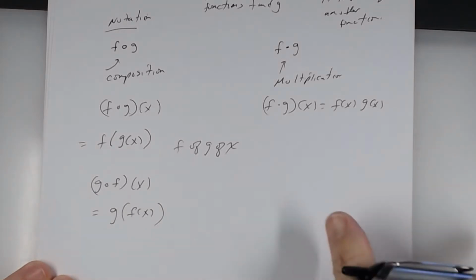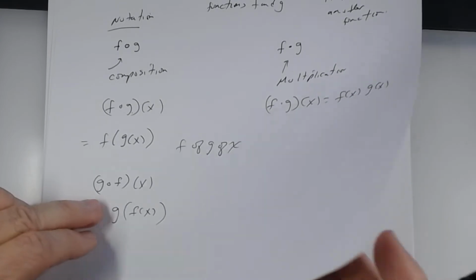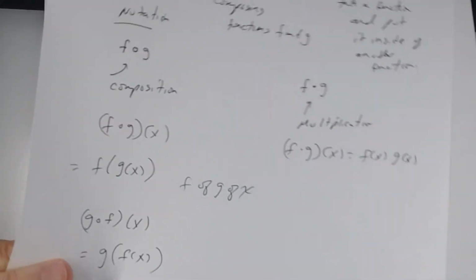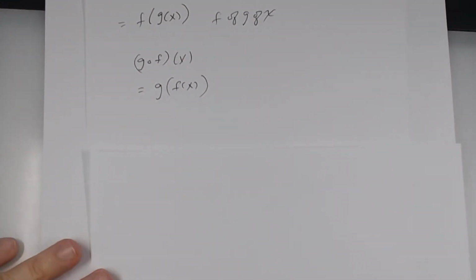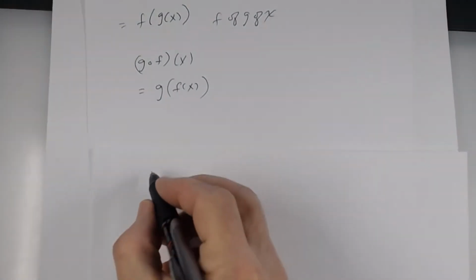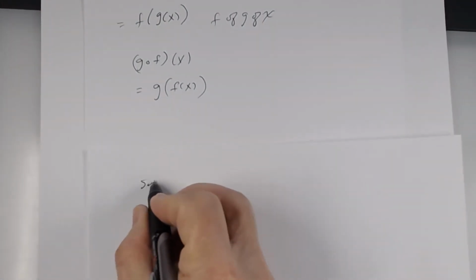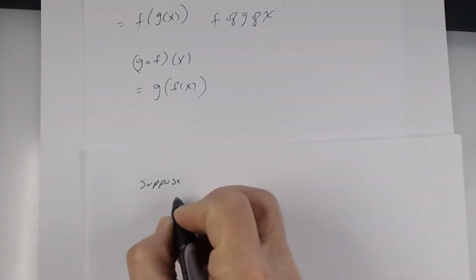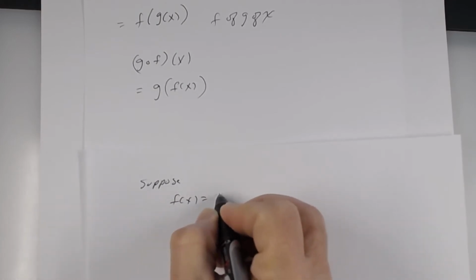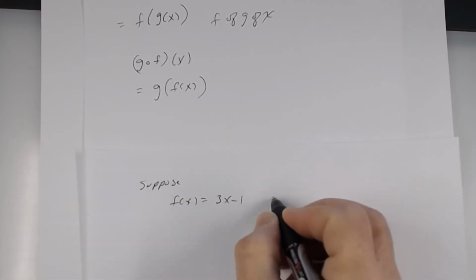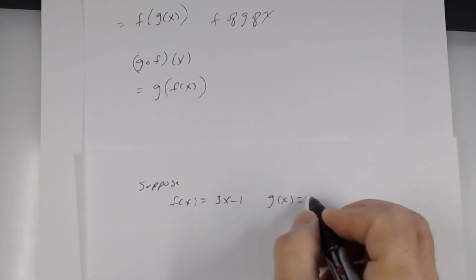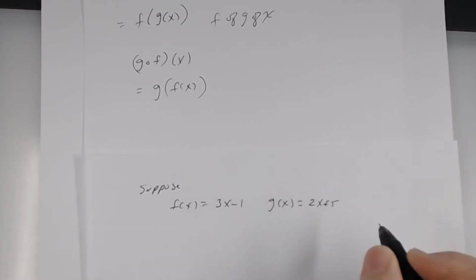All right, so let's look at the problems. Okay, so I'm going to have 3 functions listed. So let's suppose f of x is 3x minus 1. G of x is 2x plus 5.